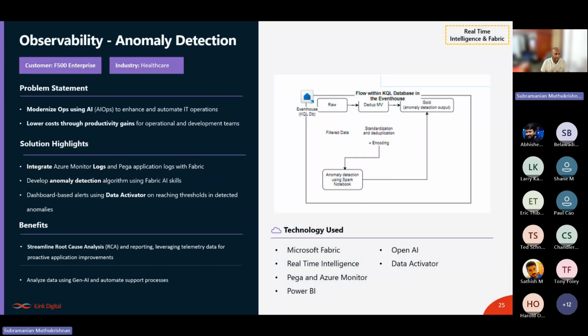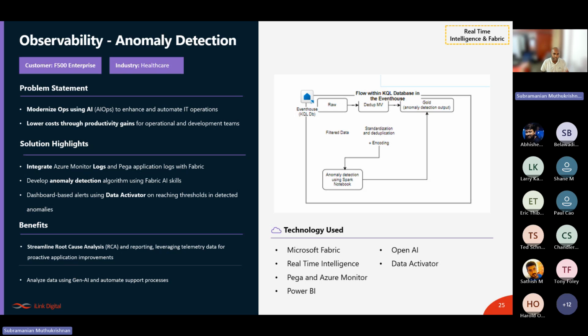And let me share a real-world example here. We worked with a Fortune 500 healthcare enterprise who needed to modernize their operations using AI to enhance their IT operations. The challenge was a bit complex, right?